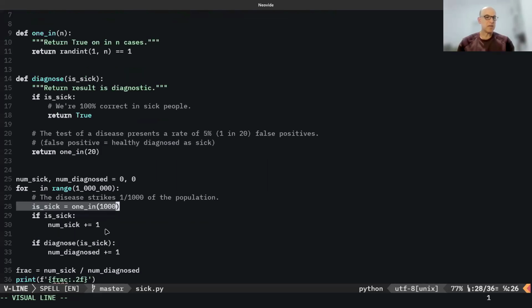If the person is sick, we increment the number of sick, and then we do the diagnosis for the person. If we diagnose the person as sick, we increment the number of diagnosed. So now we have the number of people who are actually sick and the number of people who were diagnosed as sick. We are going to print out this frequency that says what is the percentage of people who are actually sick from the people who are diagnosed as sick.